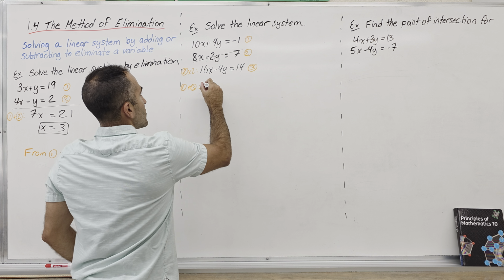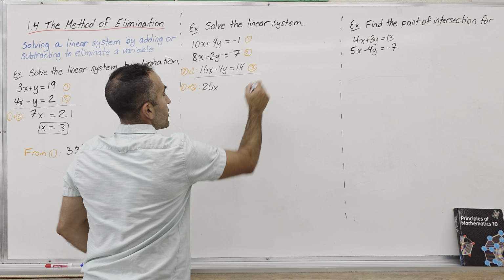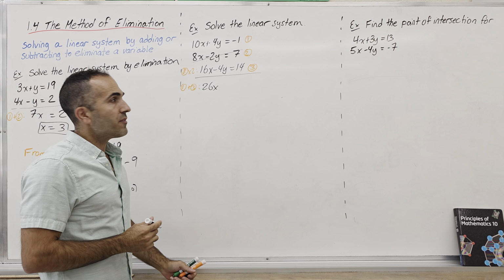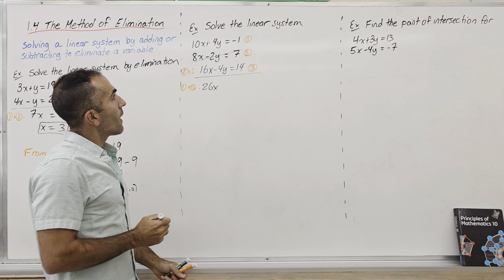10x and 16x is 26x. I can draw a line here to separate it if you want. It's just visual stuff. 4 plus negative 4 is 0. See how I'm doing the addition or subtraction in my head, you shouldn't even have to do that. If you're choosing the correct operation on two coefficients that are the same, it's going to eliminate.